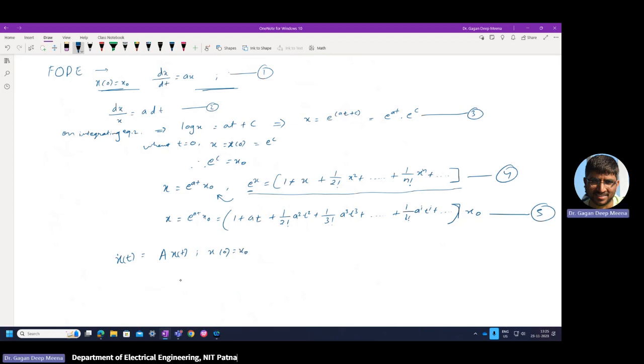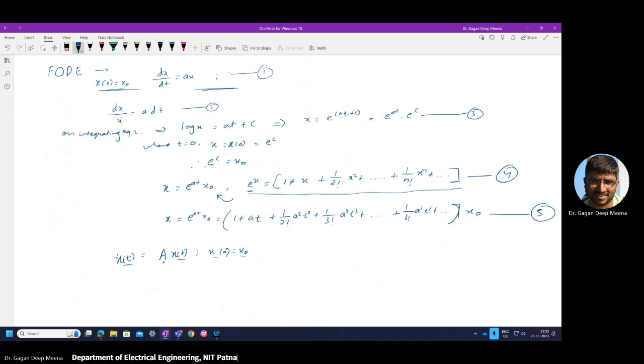Now this is your initial condition vector. It's a vector. This is also a vector, and this is also a vector, and this is your square matrix. So if it's your column vector, you will have an n cross 1 column vector. Similarly, the dimensions of this and this will match, and so will this and this.